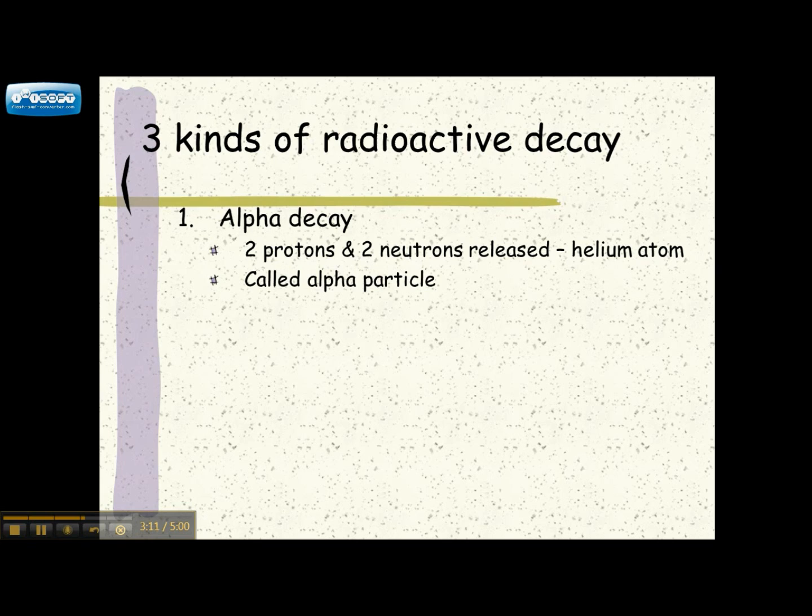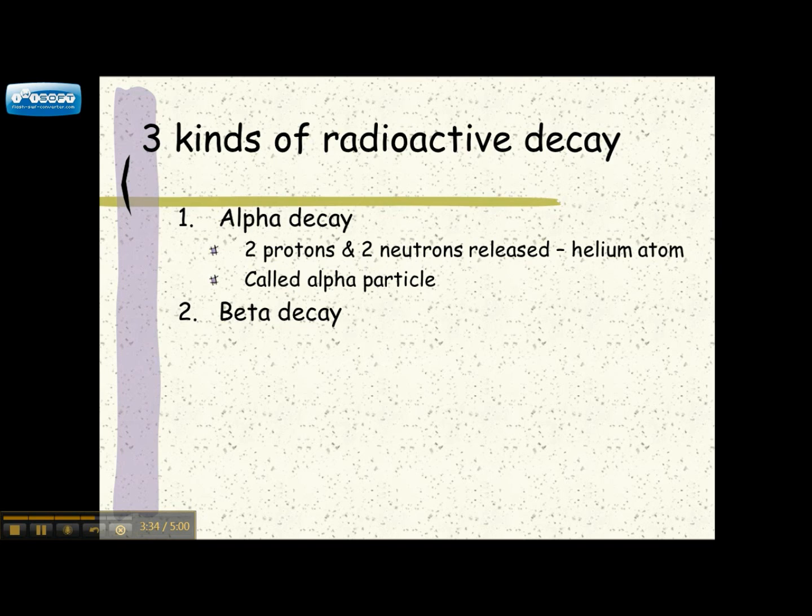The helium atom is called an alpha particle, and this is also the lowest energy. So these are not very dangerous at all. Alpha decay actually can be stopped by even a plain sheet of paper. So your sheet of notebook paper will protect you from alpha decay. So you are not in any danger with alpha decay at all.